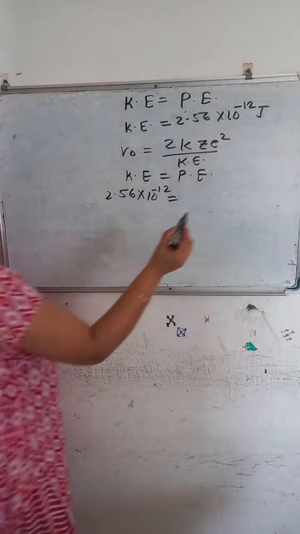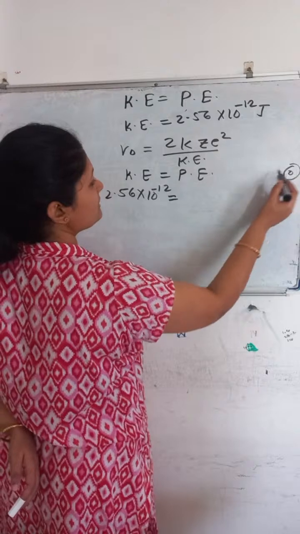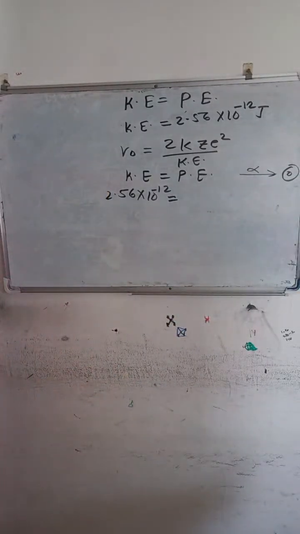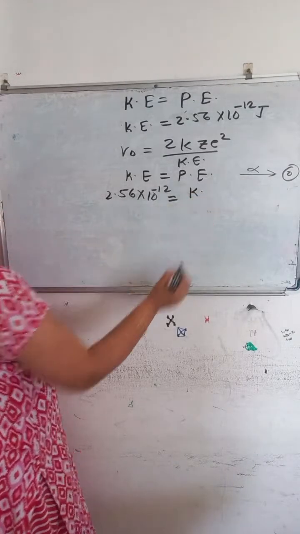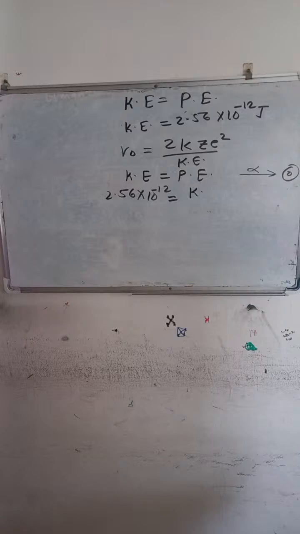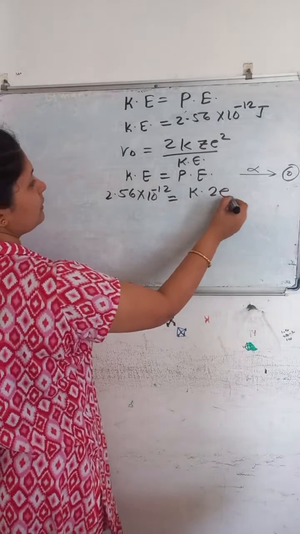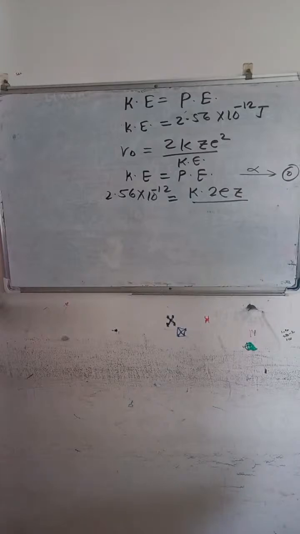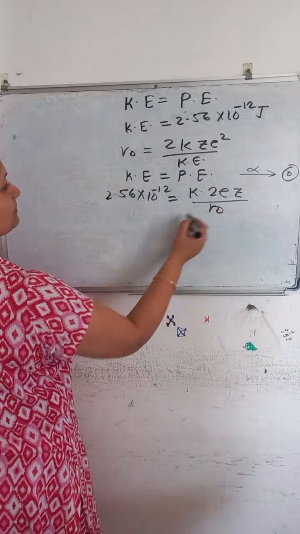Suppose the sheet of gold foil is there and the alpha particle is bombarding over here. In that case we can write K into 2Ze divided by R naught. Substitute here.